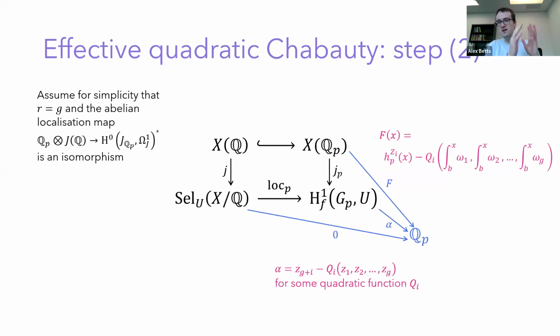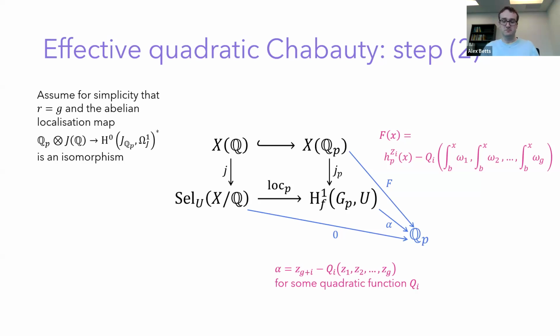So now we understand in this quadratic Chabauty setup the shape of these Chabauty-Kim functions quite well. But we now need to try and use this to bound the number of zeros of this function f.